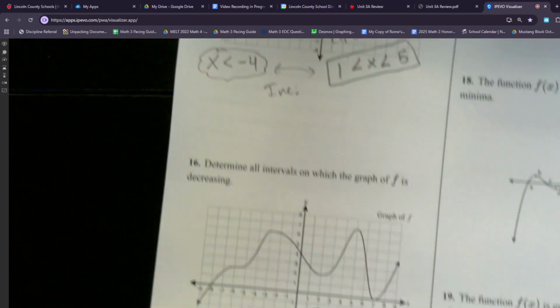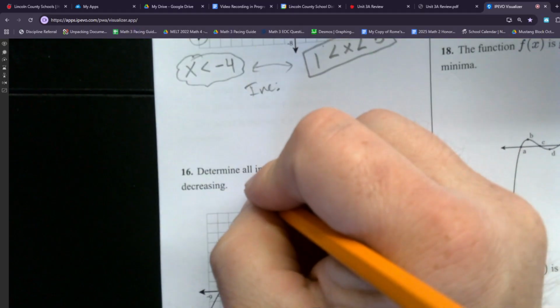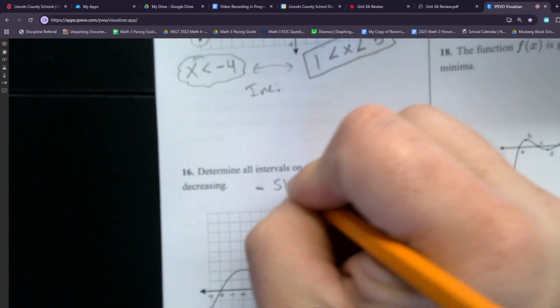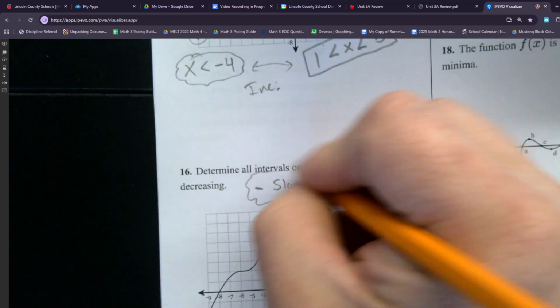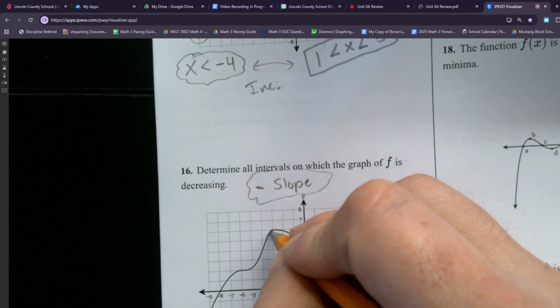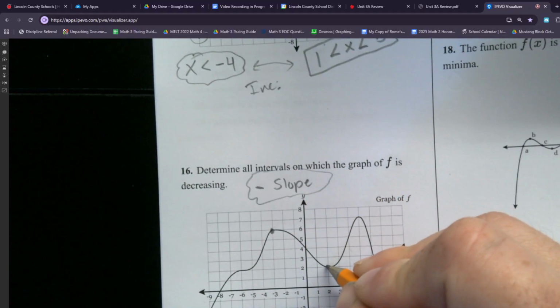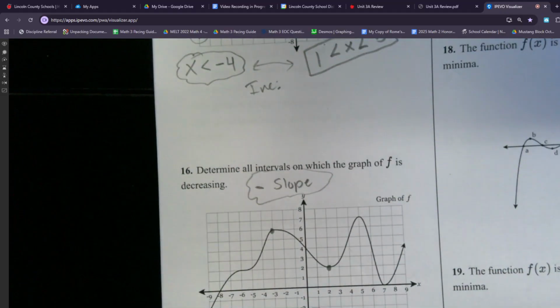Okay, number 16, determine all intervals on which the graph is decreasing. Looking for anything with a negative slope. All right, we're coming in with a positive slope, so that's not what we're looking for. Starting here, it starts to slowly decrease until it gets to here. So that's between two numbers.